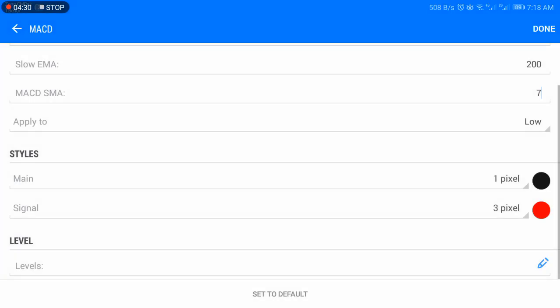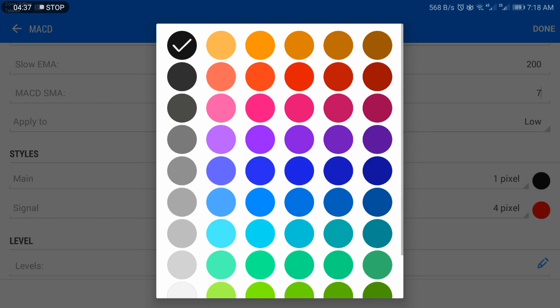Choose any color you like, no problem. And simply click on done.